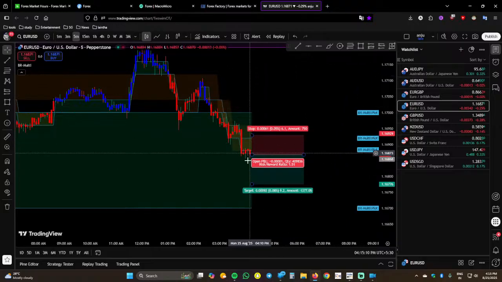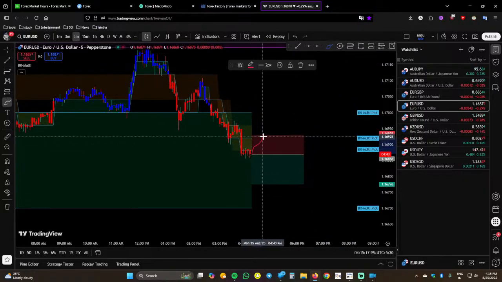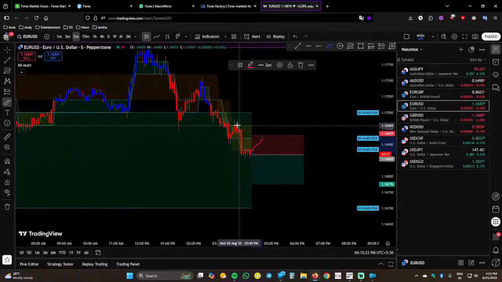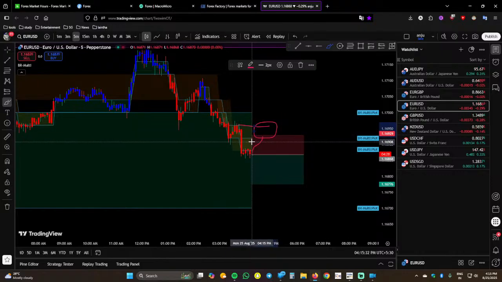For this to go back, the price has to retrace. If we have to show reversal in this Renko box, price has to go back to this level so that a new box can be formed here. Bearish, no, sorry, a bullish box.